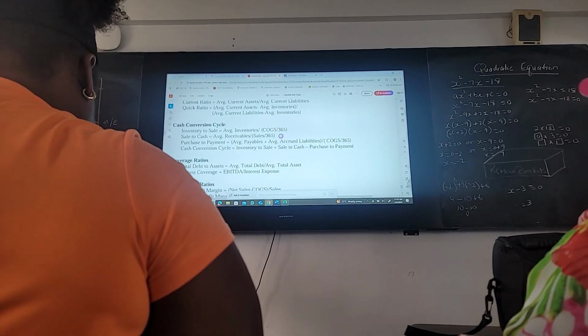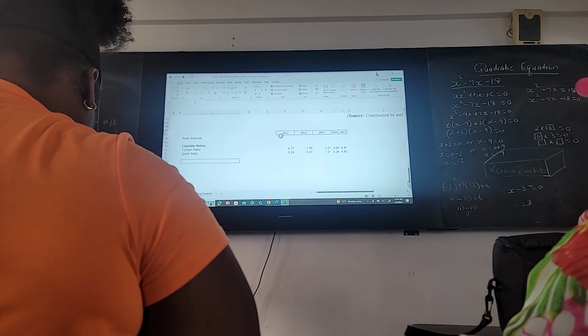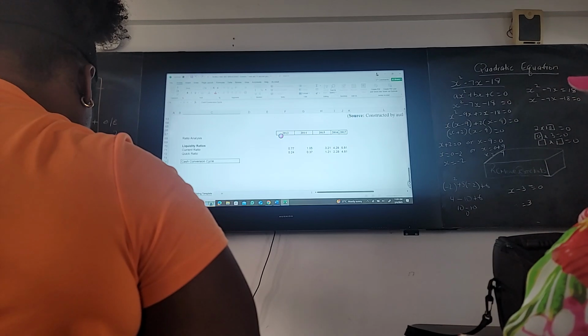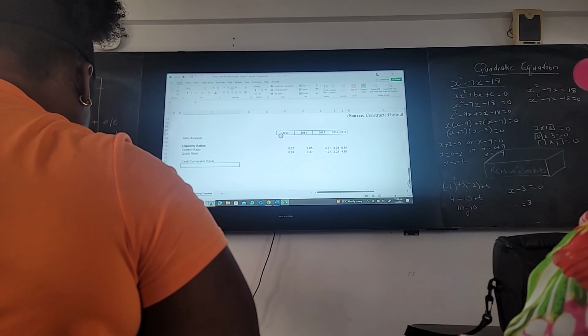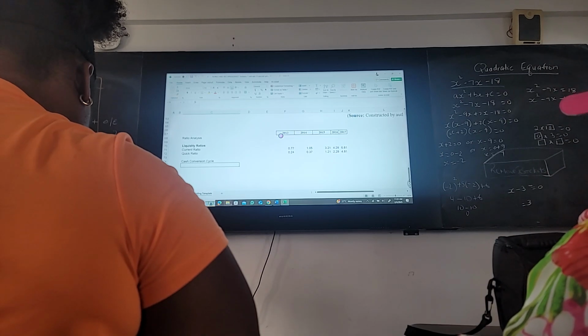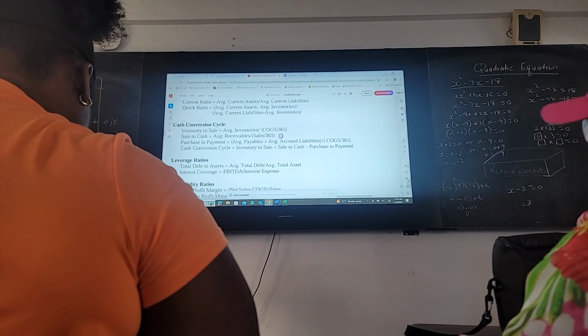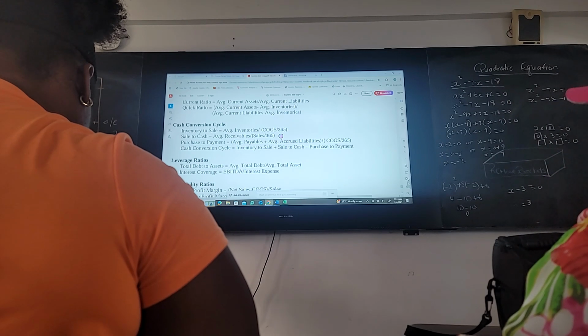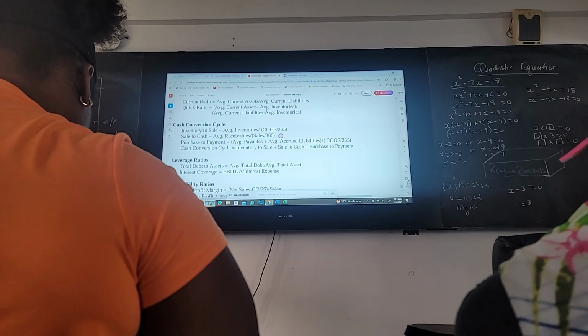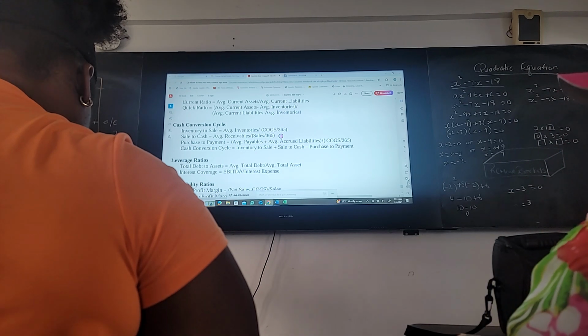Cash conversion cycle. Anybody, what does the cash conversion cycle try to tell us? What are you trying to capture? You're thinking of a retail or manufacturing business. There's a cycle.